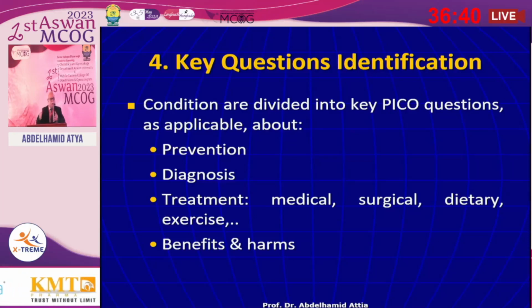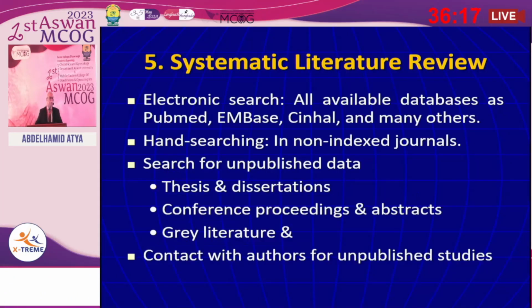The conditions will be divided into key PICO questions about prevention, diagnosis, treatment. All treatment options, medical treatment options, are searched, or surgical treatment options are explored, dietary treatment options, exercise, etc., with the benefits and the harms of each modality, either diagnostic or therapeutic modality.